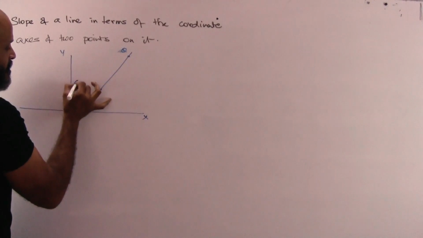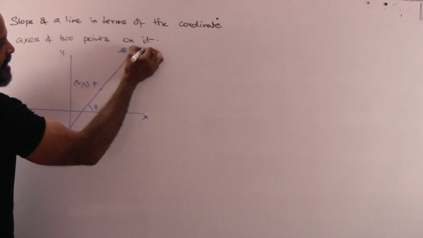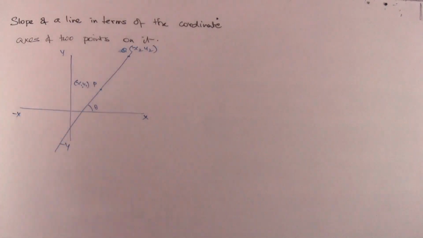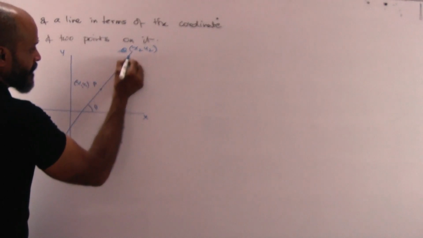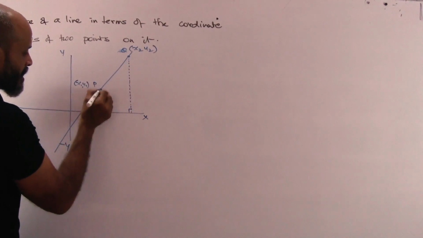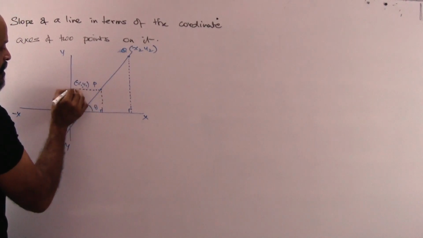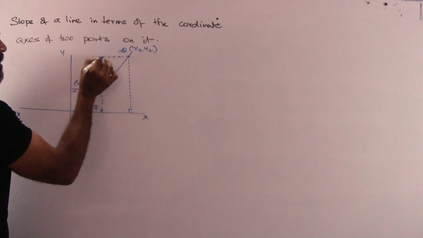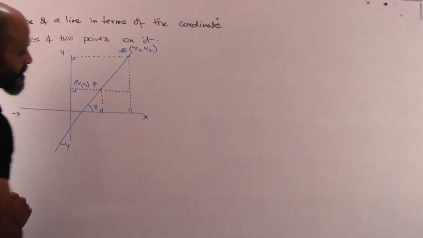Now let's say P has coordinates x1, y1, and Q has coordinates x2, y2. All right, so now we have to calculate this theta. Now if I drop a perpendicular here, and simultaneously drop a perpendicular here, similarly I drop a perpendicular here, and let's say this perpendicular is extended to this point.